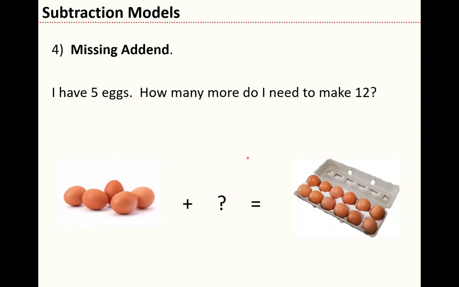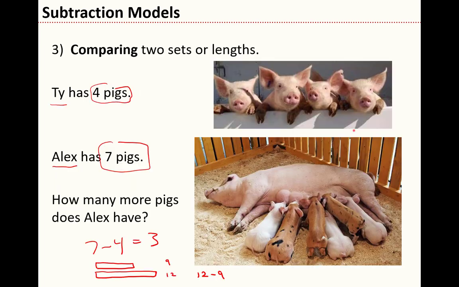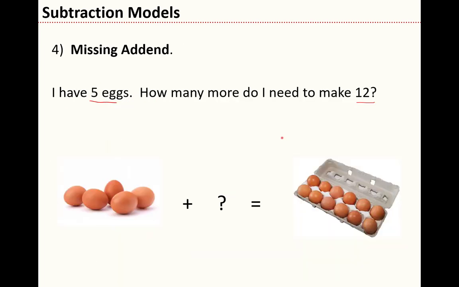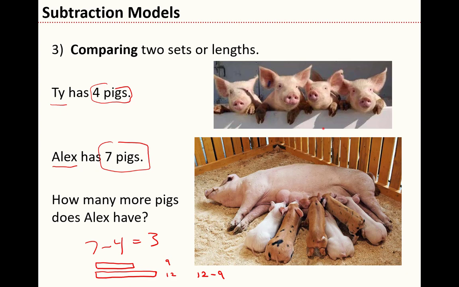Our fourth model is the missing addend. Suppose I have 5 eggs. How many more do I need to make 12? Now sometimes people mix up this model, the missing addend, with the previous one, which was comparing. So let me go back. Comparing, I had 2 actual sets. I really saw 4 pigs and I really saw 7, and I was comparing the sizes.